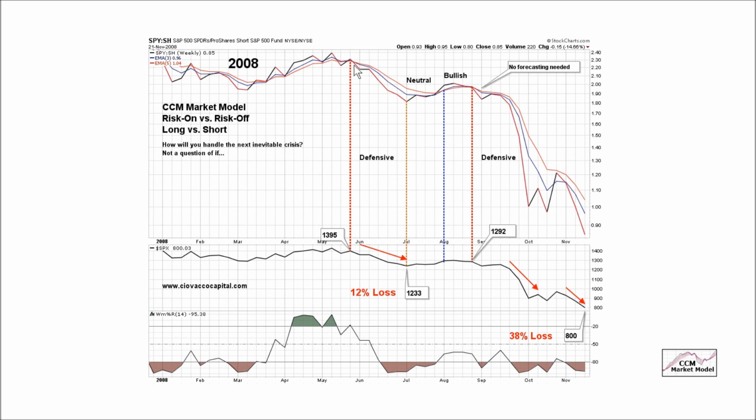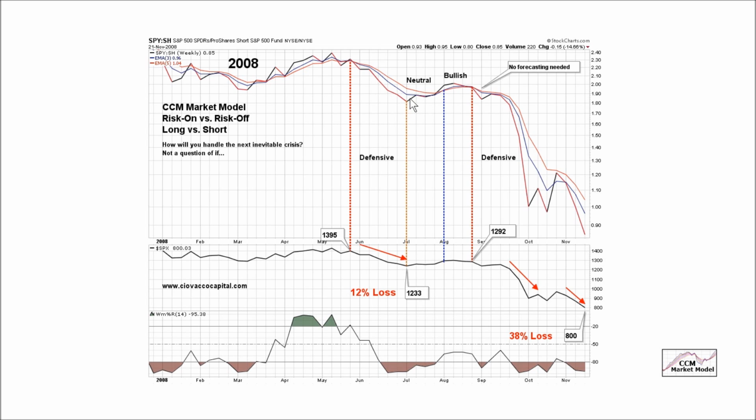We have a full bore bearish look here in May of 2008. Draw the line down from where we have the full bore bearish look. The S&P 500 was at 1395. It dropped 12%.